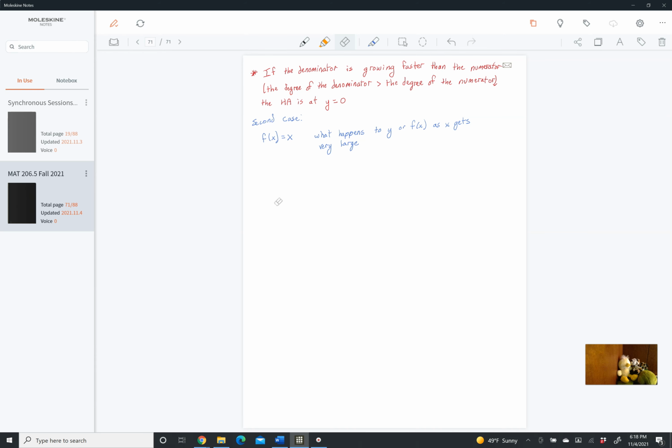So as x gets very large, so does y. Which means that there is no number that we approach and therefore no horizontal asymptote.